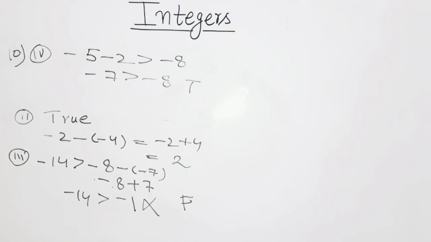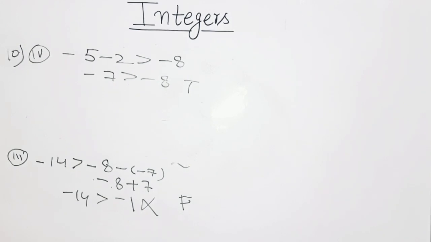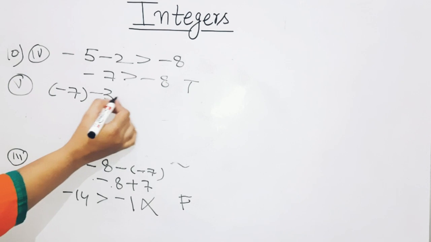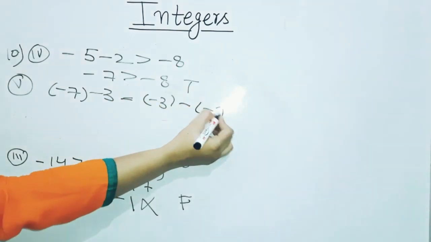Now coming to the fifth option. So please pay attention, students. Sorry for the disturbance. Yes. So the fifth option is minus 7 minus 3 is equals to minus 3 minus 7.